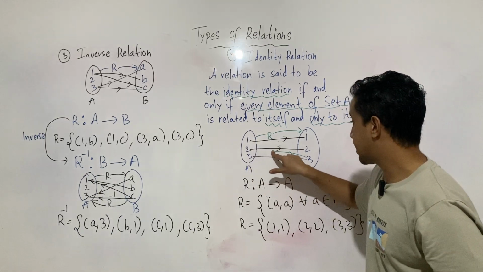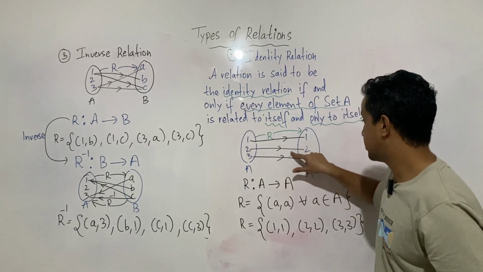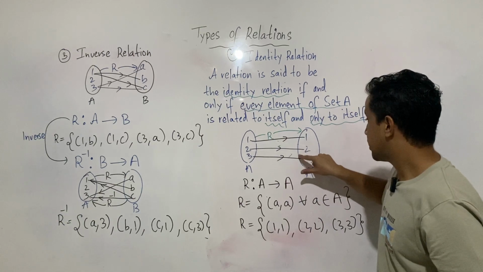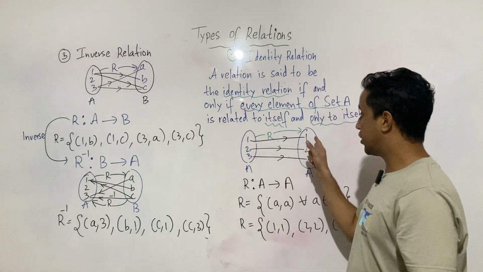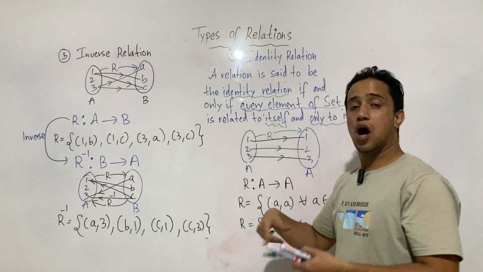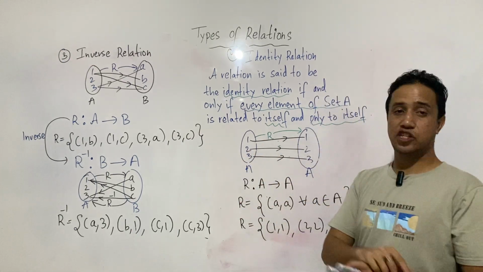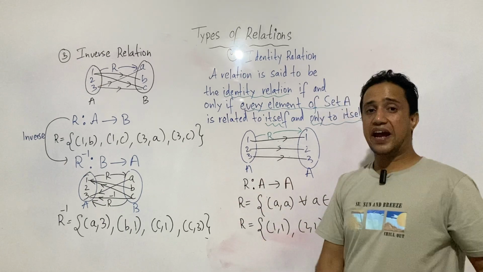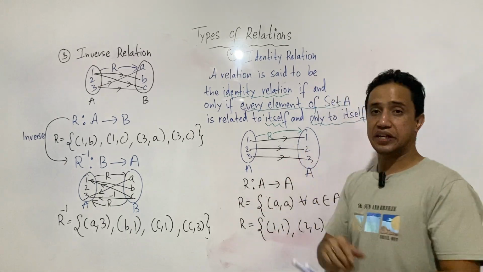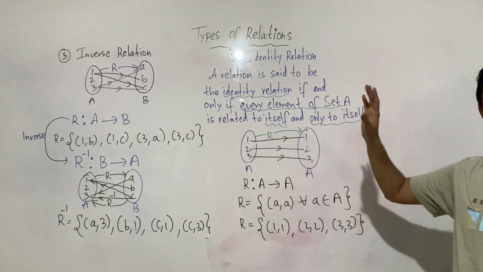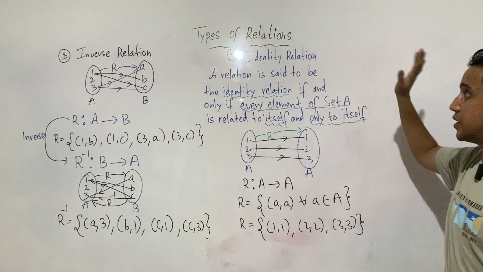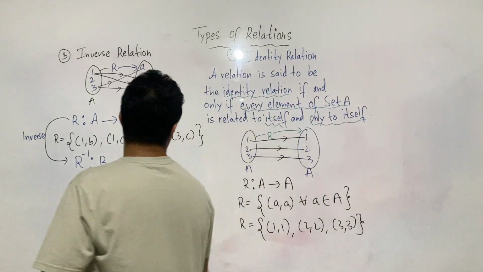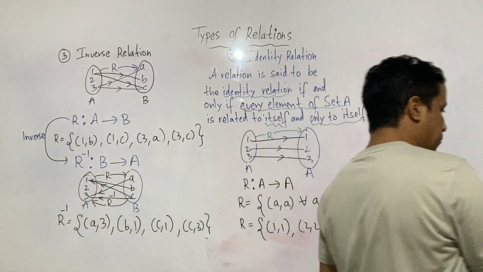So we cannot accept that. Here 1 should be related with only 1, 2 must be related with only 2, and 3 related to only 3. Only then it's going to be the identity relation. I hope it is clear to you. Okay, now move to the next.